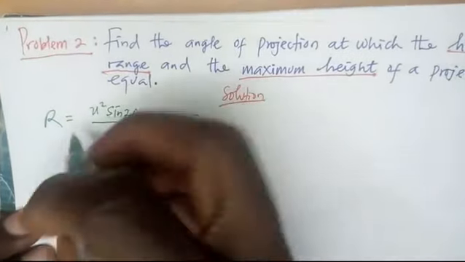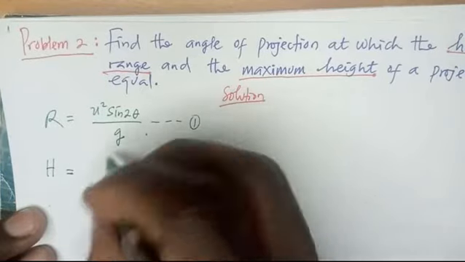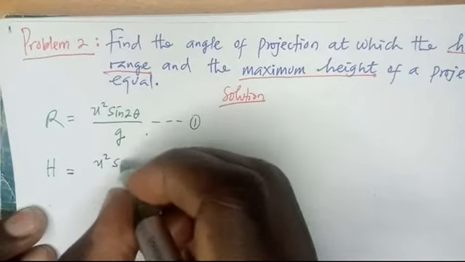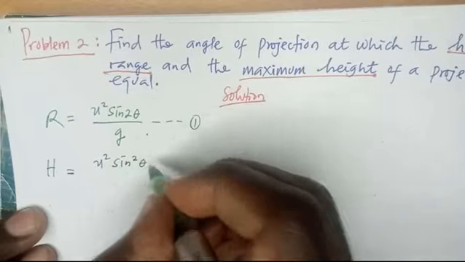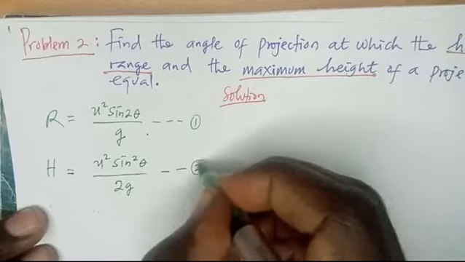Then the formula for maximum height is H equal to u squared sine squared theta divided by 2g, and this is our equation 2.